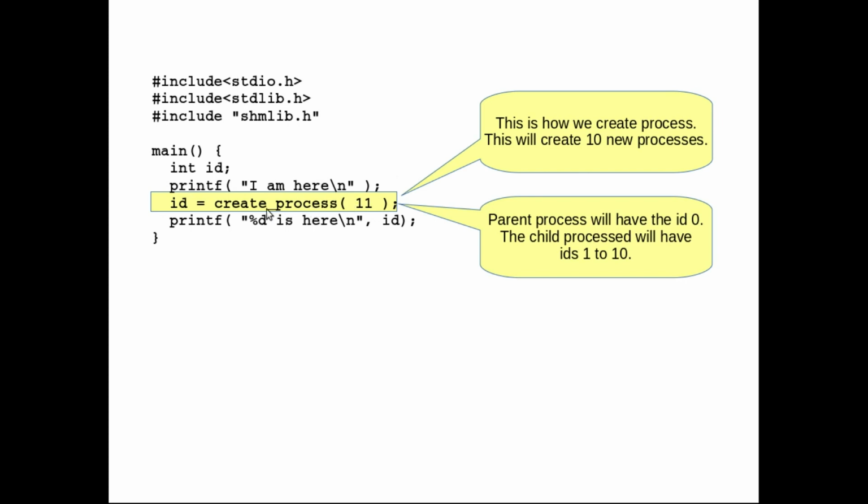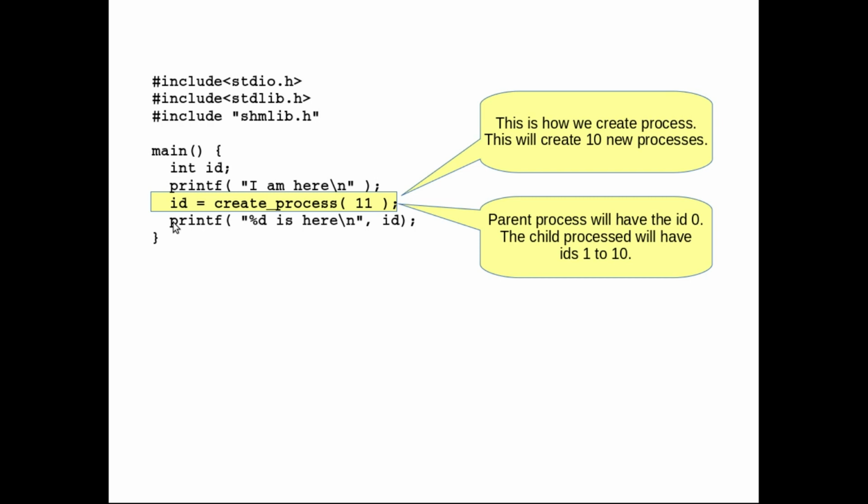and usually the parent process will have the ID 0 and the child processes will have IDs from 1 up to 10. Now once the child processes are created, after the completion of this statement, the parent process will go ahead and execute the next printf statement, and the child processes will also start executing from the printf statement.